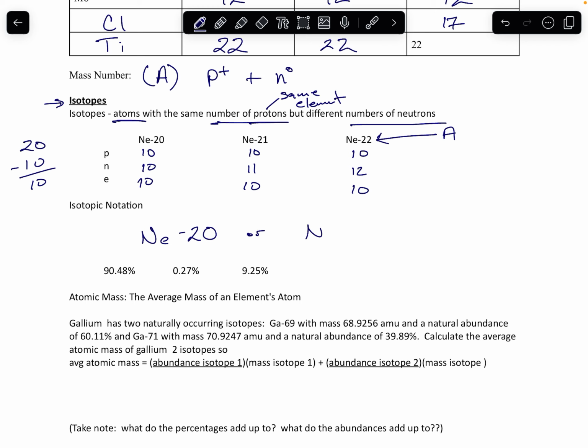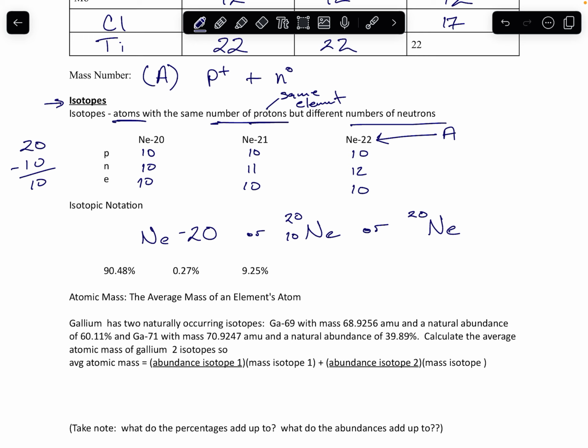Or we'll do the symbol, and you can put in the upper left-hand corner the atomic mass, and a lot of times you'll also see the atomic number. Or you'll see the symbol with just the mass number.